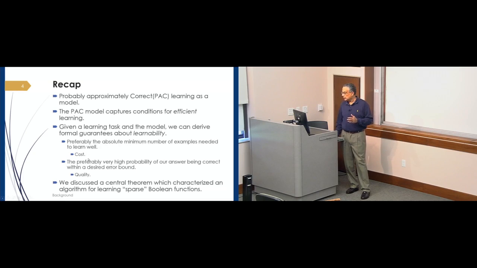But of course, you would like to, with very few examples, ideally the least number for a given function, be able to learn with high probability and find the hypothesis which best matches, subject to the epsilon bound, the quality consideration, the concept, which is the Boolean function we are trying to learn.